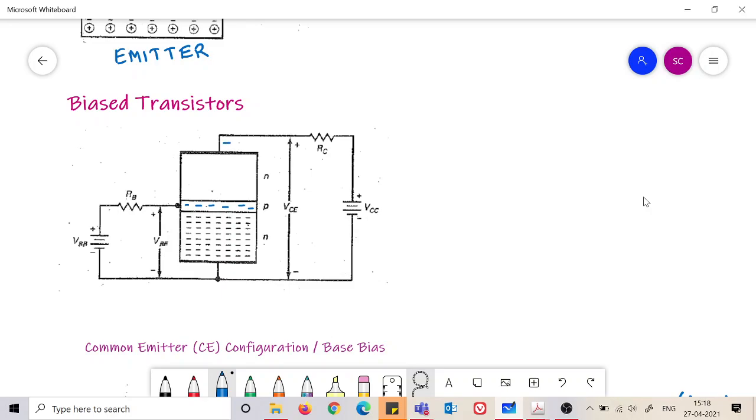So here there is a positive potential which is attracting any free electron which is entering this side. Since the base is very thin constructionally, when the electrons are entering from this side with a strong force, many electrons would pass through this thin layer and come to the collector region.